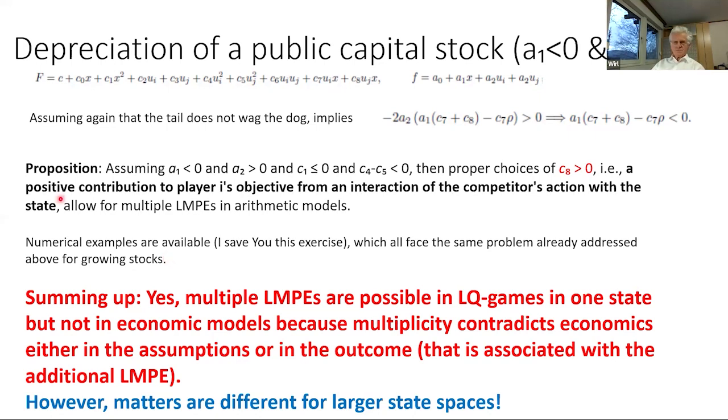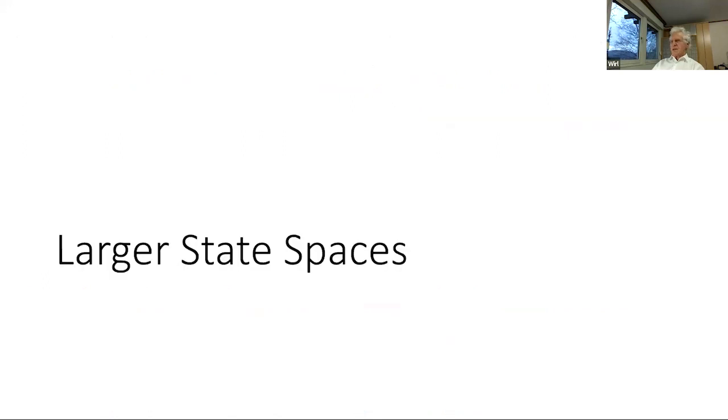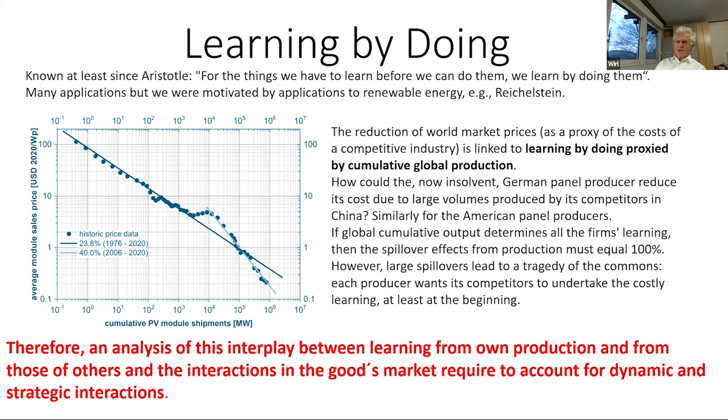Okay? So let us consider larger state space. The example that I give to you is learning by doing. And as maybe to all of you has already happened, you discover something by serendipity. We were not interested in looking for multiple linear Markov perfect equilibria.